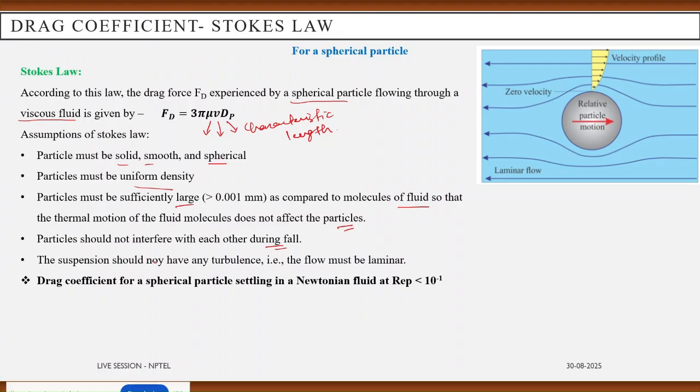The suspension should not have any turbulence, so the flow of the whole system should be laminar.